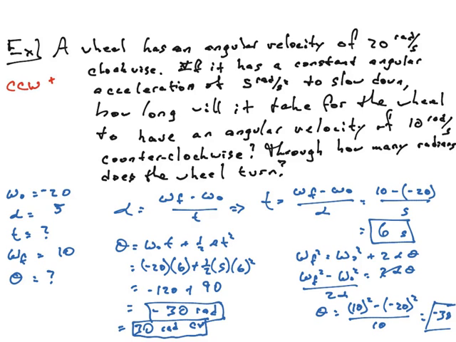We're not doing X and Y component stuff. No sines and cosines. It's purely take the information in the problem and use the correct equation. So I hope these few examples give you a good idea about how to use the equations, how to go about thinking about these problems.